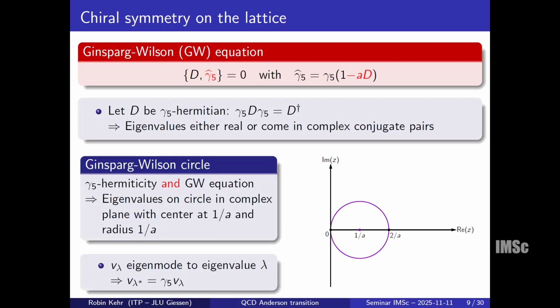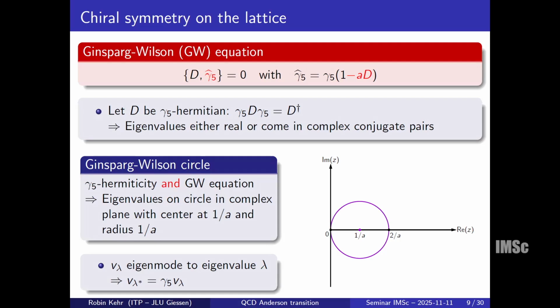And if you additionally require that the Dirac operator fulfills the Ginsparg-Wilson equation, then we can derive that the eigenvalues lie on a circle in the complex plane with radius 1 over a.